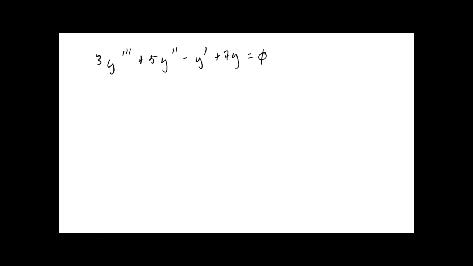Like you don't have a plus 5y double prime y prime, or a minus y prime squared, or plus 7y y triple prime. You can't have any of those. Each of these is not to any power and not with any cross products. That is what makes it linear.